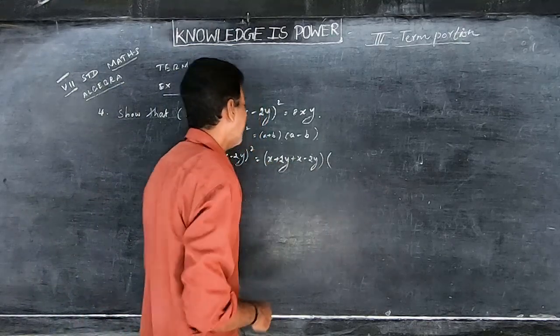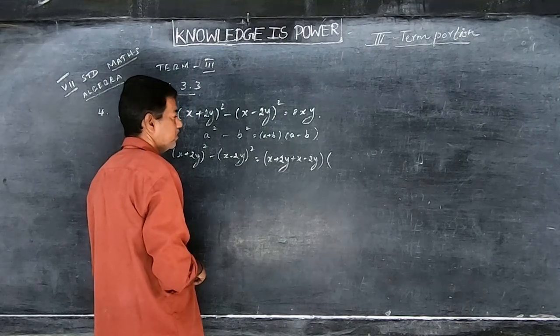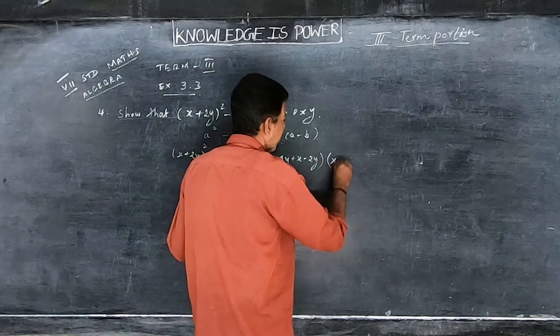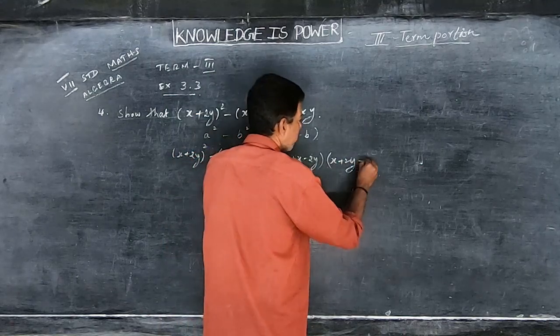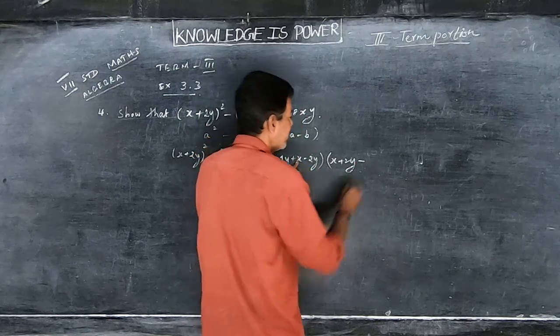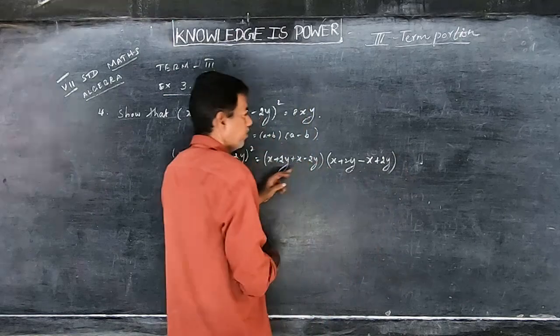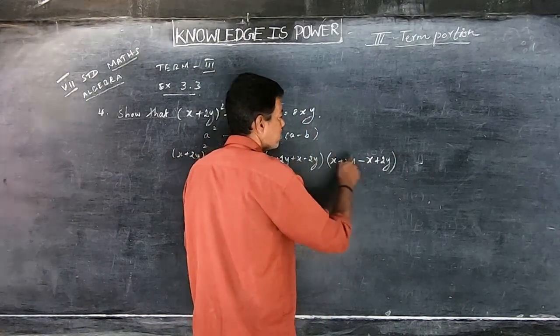Now a minus b. So I have to write that same x plus 2y. Here instead of plus you have to write minus x plus 2y, because this will be a minus. Minus with this minus, minus with this plus.